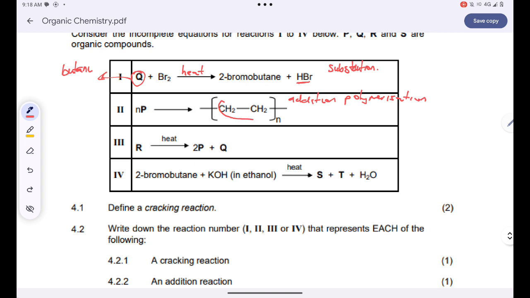We are just adding these compounds over and over again. So compound P is an unsaturated hydrocarbon that has two carbons. So its IUPAC name would simply be ethene. Are you together? Compound P will be ethene.